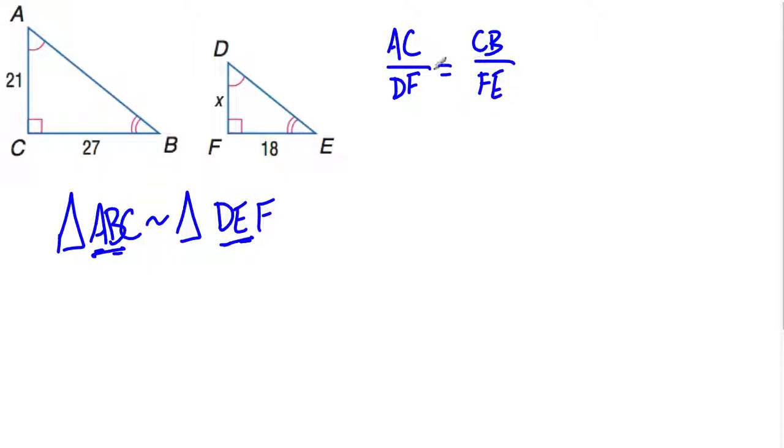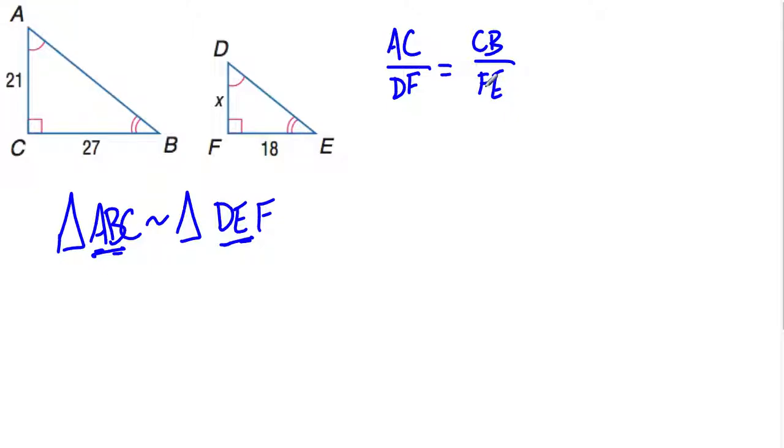Now it's important to note here, look at how it went large to small, large to small. So AC and CB are both from this same larger triangle. They're both in the numerator. DF and FE are both in the smaller triangle, and they're both in the same denominator.